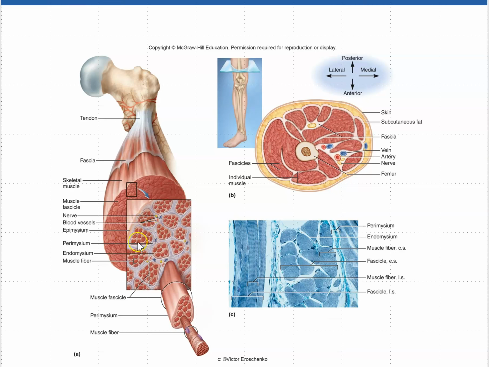This is a fascicle, this over here is a fascicle, and this fascicle right over here is exposed. Inside a fascicle, you see a number of individual muscle fibers, and each muscle fiber is wrapped with another layer of connective tissue known as the endomysium. So right over here is a muscle fiber wrapped by endomysium.